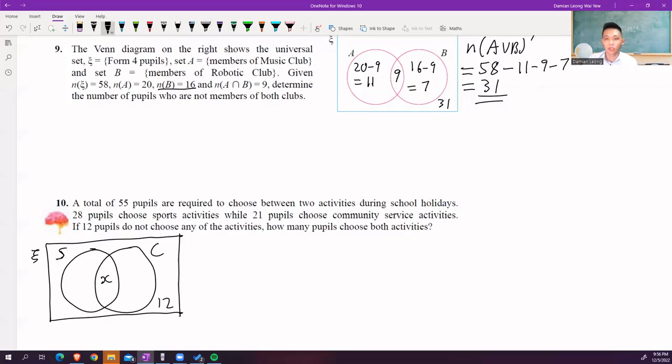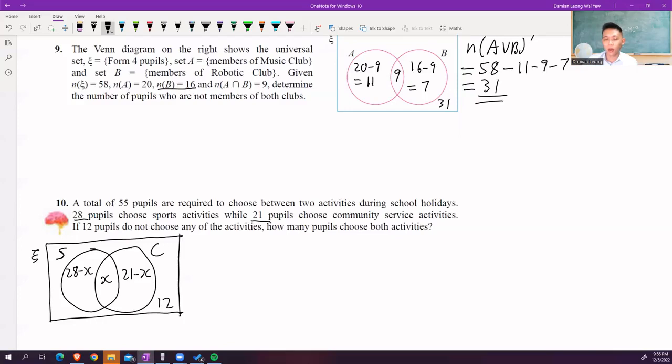So the whole set is 28 for set S, so here will be 28 minus X. Whole set C is 21, so here is 21 minus X.